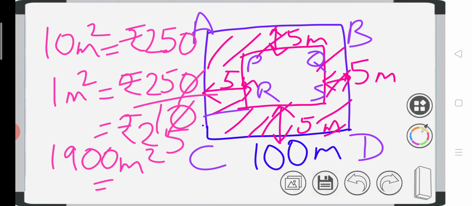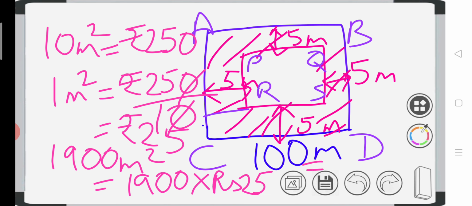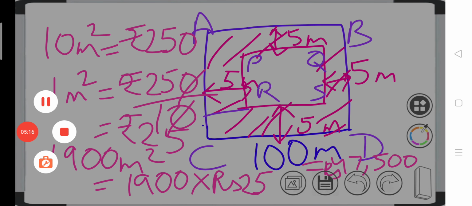So the cost will be 1900 into Rs 25. It will come out to be 47,500 rupees. So the cost of cementing the path is 47,500 rupees.